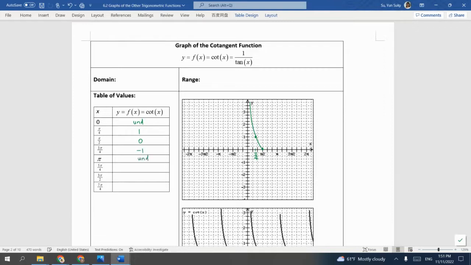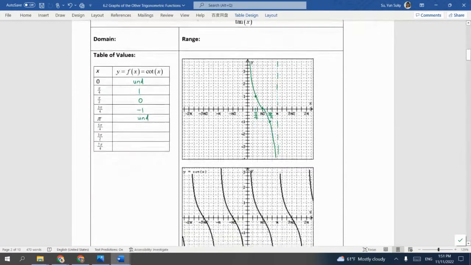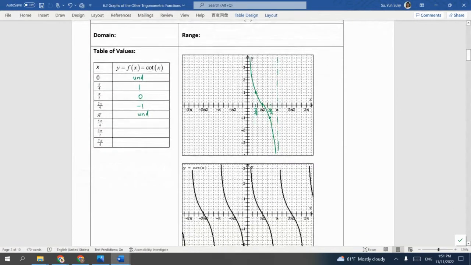At pi, we also have undefined. So at 3 pi over 4, we get negative 1. And then like that. So this is how to draw the cotangent. And because the period here is also pi, you draw many copies of it.